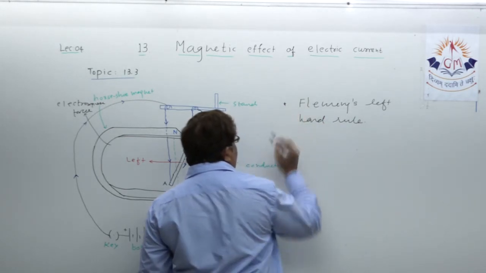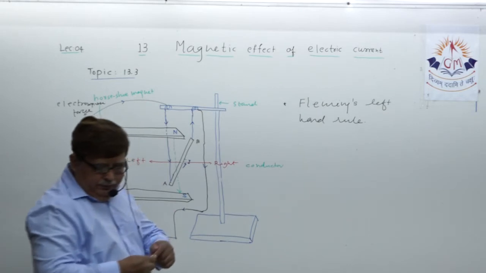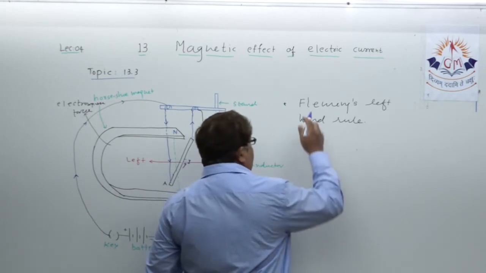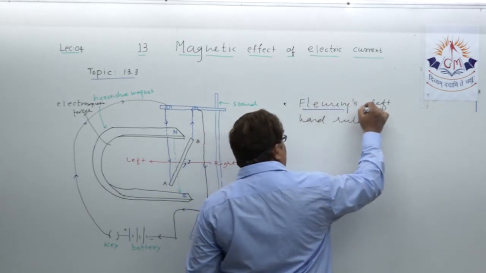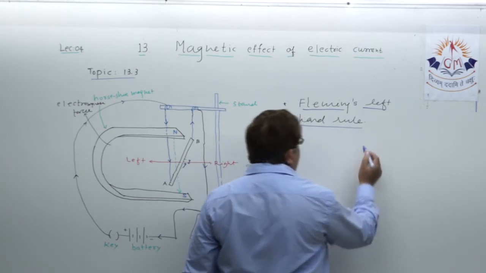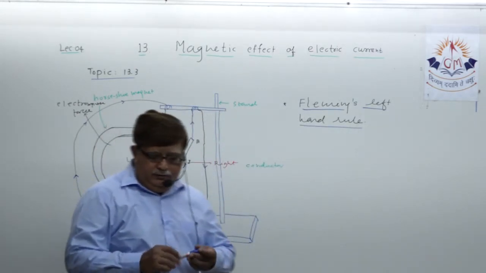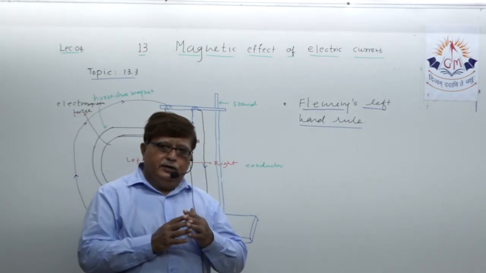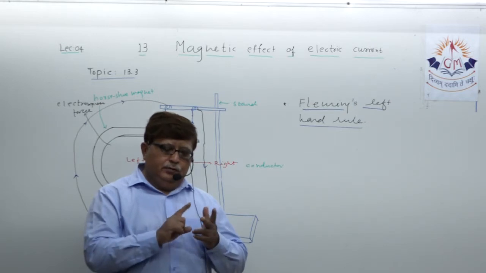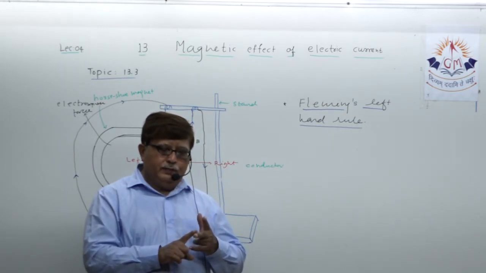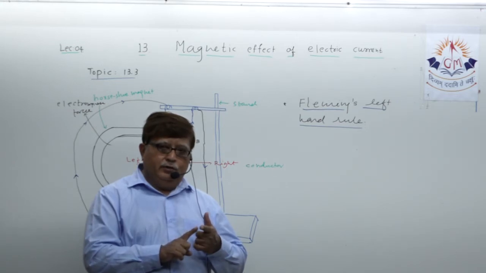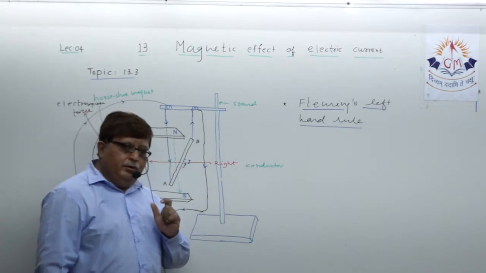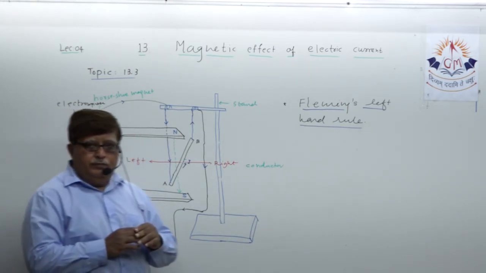What he wants to give a glimpse of from this particular experiment is that Fleming's left hand rule gives us an idea regarding the direction of magnetic field, direction of electric current, and direction of motion of the conductor.